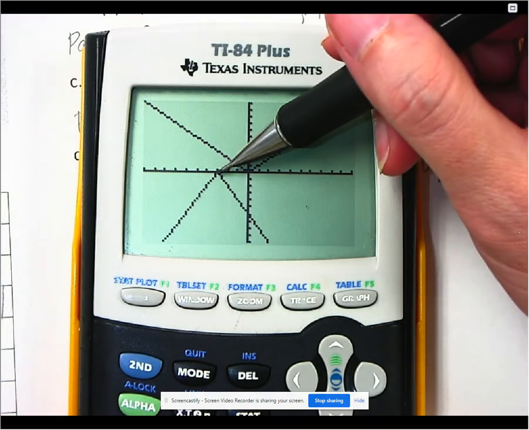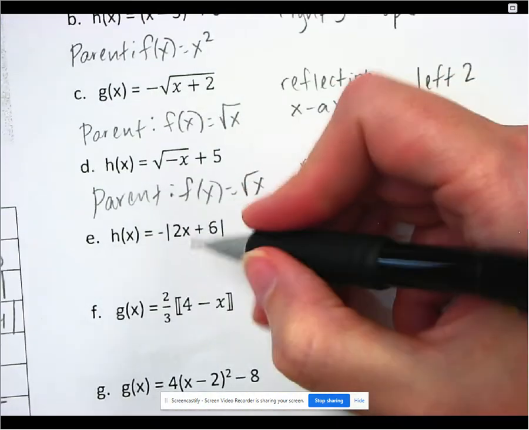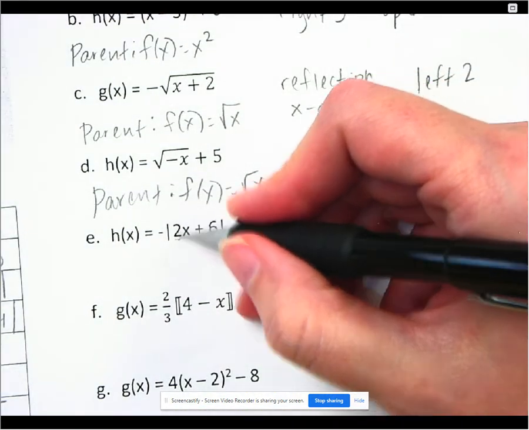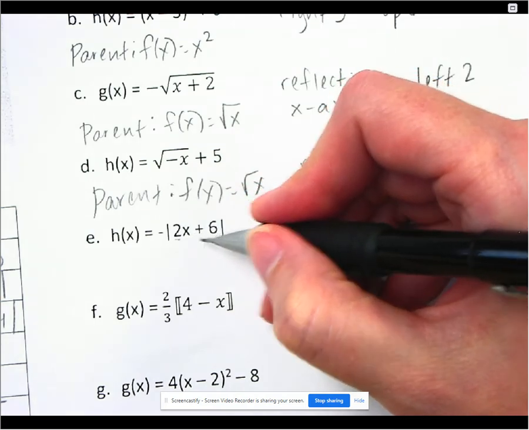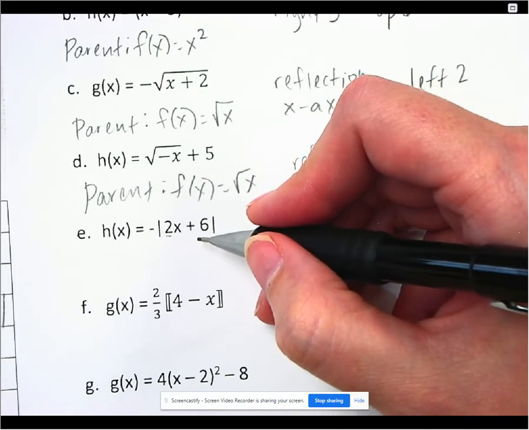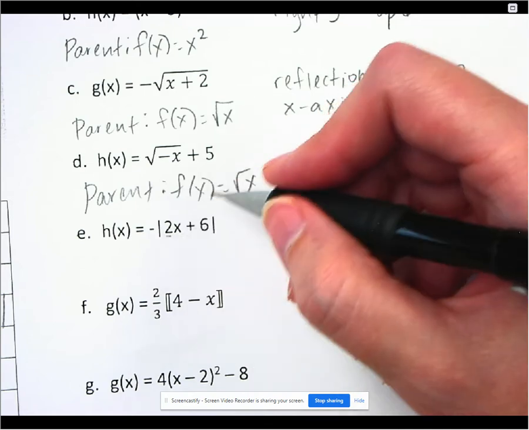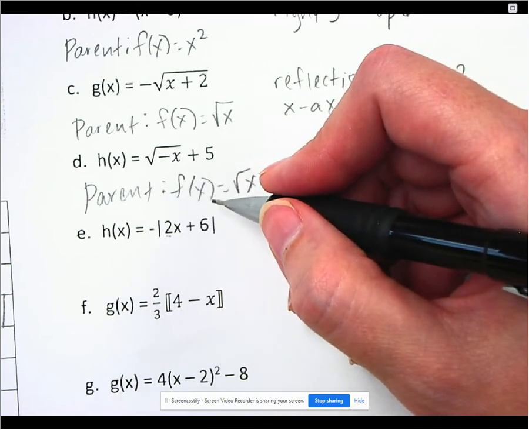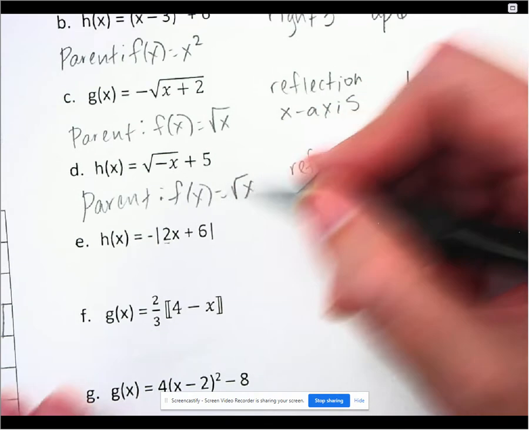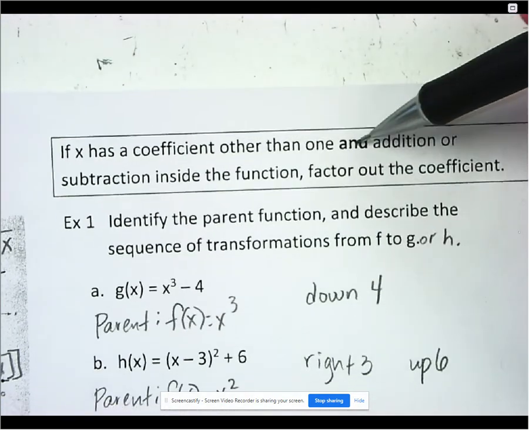Okay, so it does do the reflection, and it did shrink horizontally, but it didn't shift 6, it only shifted 3. So whenever there is a coefficient for your x inside and a horizontal shift inside, that shrink actually also shrinks the shift. It's hard to say. So this is where we have to do this box.